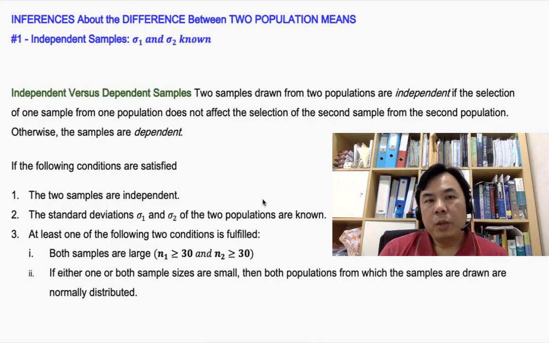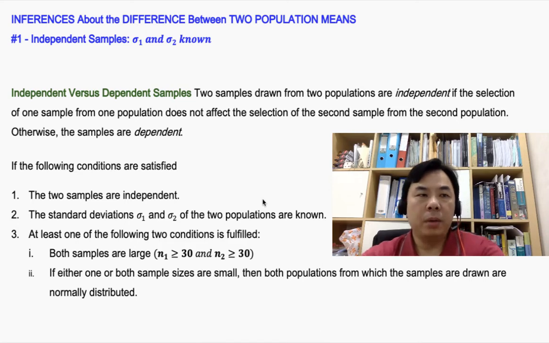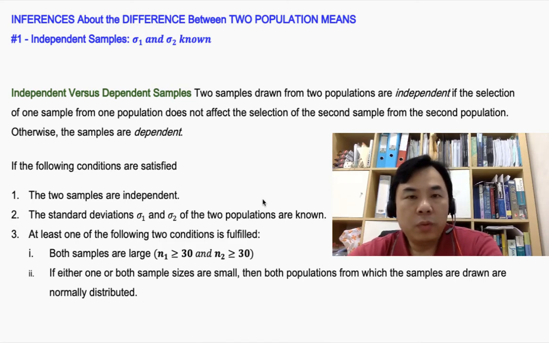All right. So, inferences about the difference between two population means, case one. We are looking at case one, which represents independent samples, where both of these samples are drawn from two populations with known standard deviations, sigma 1 and sigma 2. That's our case number one.